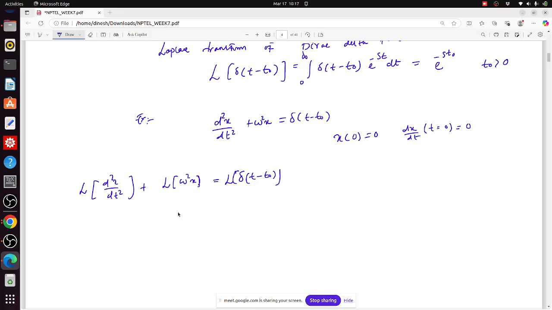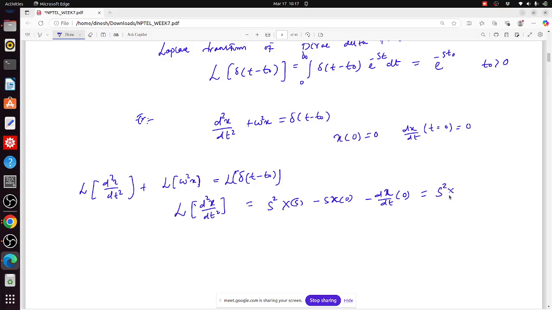If we apply the formula for the Laplace transform of the second derivative, we get s square X(s) minus s x(0) minus dx by dt at 0.